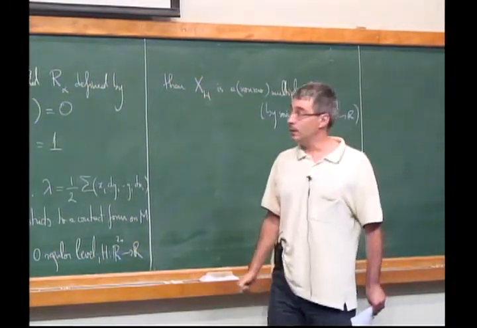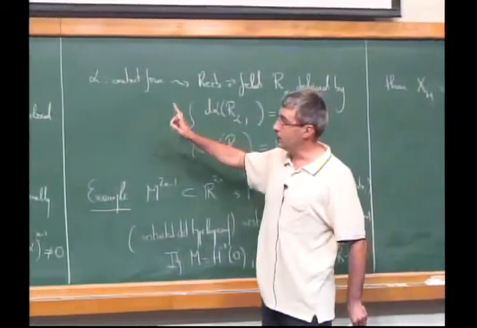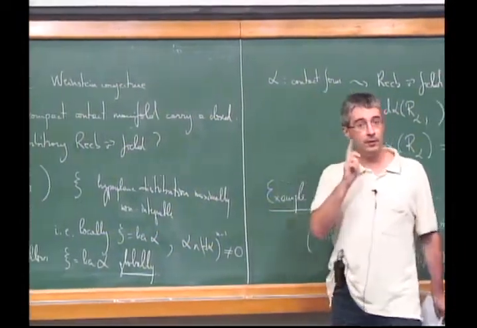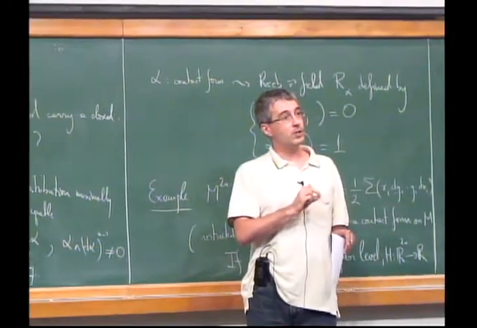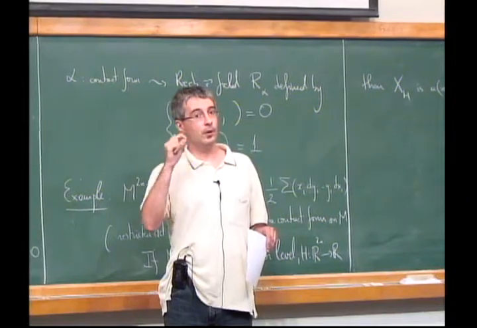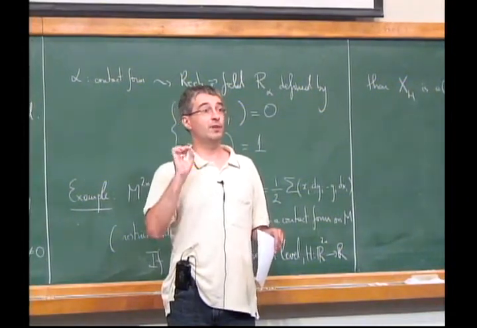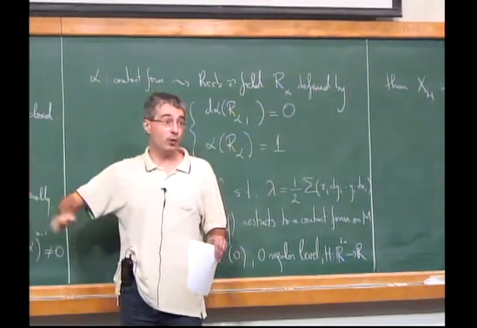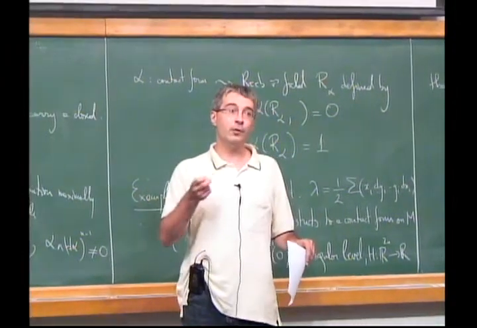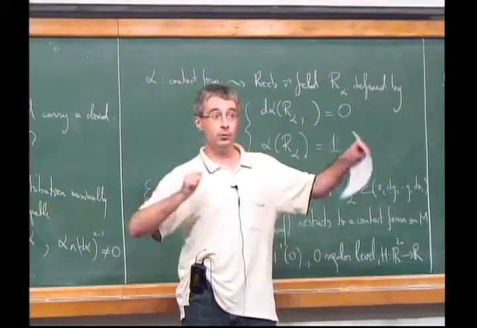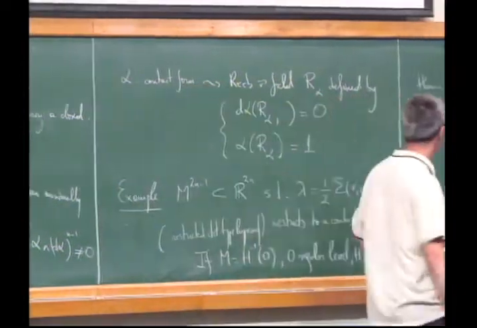So you can view this question as an analog of the Arnold conjecture. The Arnold conjecture was asking for lots of closed orbits, periodic orbits of given period, right? This is asking for at least one periodic orbit on a given energy level. Okay? So these two kind of trade each other, right?